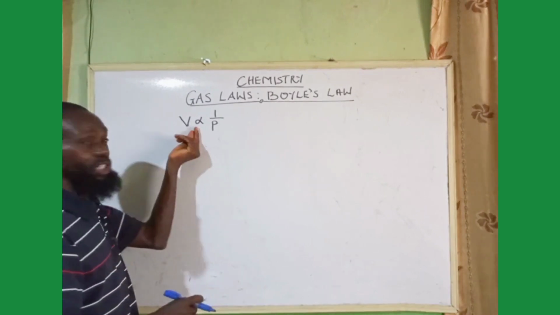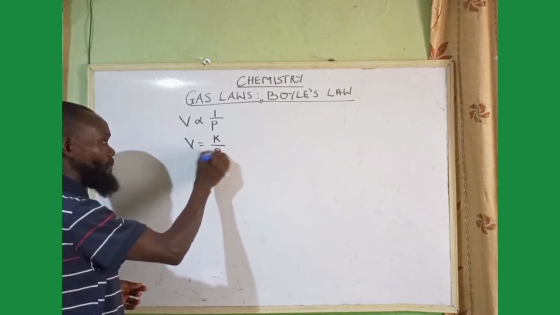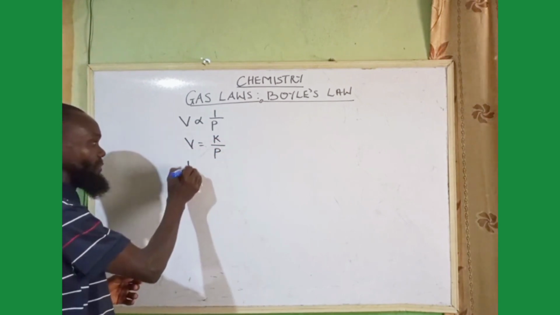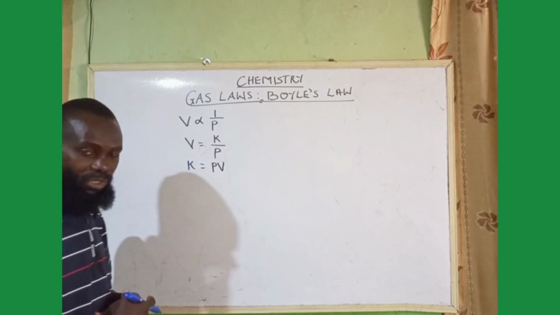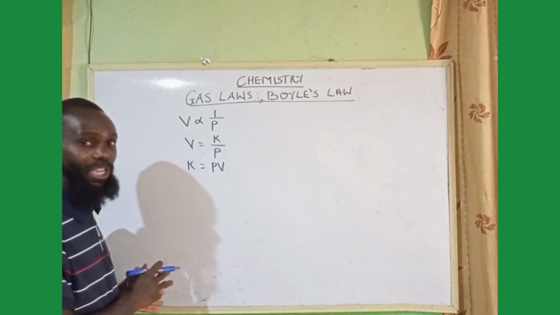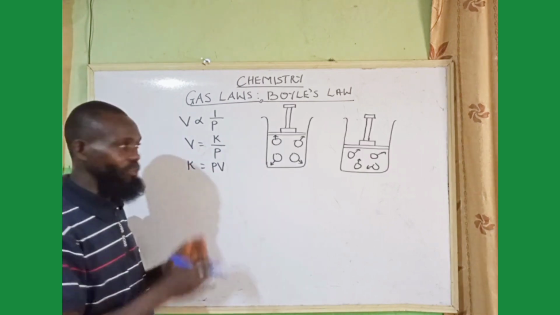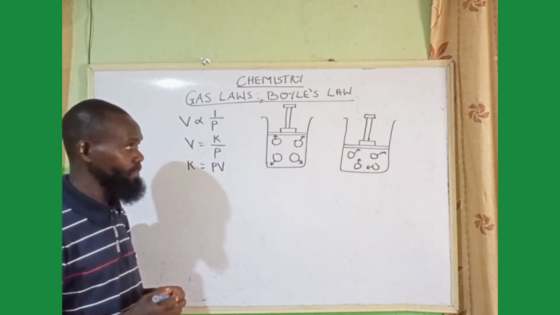Now, when we remove the proportionality sign, we have volume equals K over P. When you cross multiply, we have K equals PV. So this is K equals PV. According to what we did at the experimental level, let us move back to our experimental representation of Boyle's law.